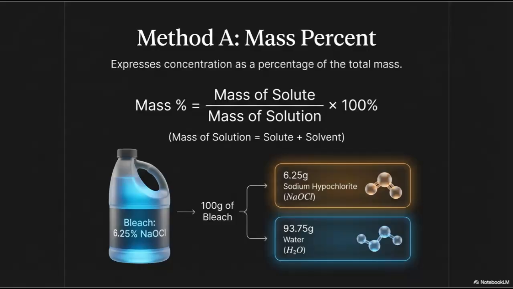So if I have bleach, which is 6.25% sodium hypochlorite, that means I have 6.25 grams of sodium hypochlorite for 93.75 grams of water. It's a mass percent. They have to add to 100, and that percent can translate to a mass if I use 100 grams of that substance.